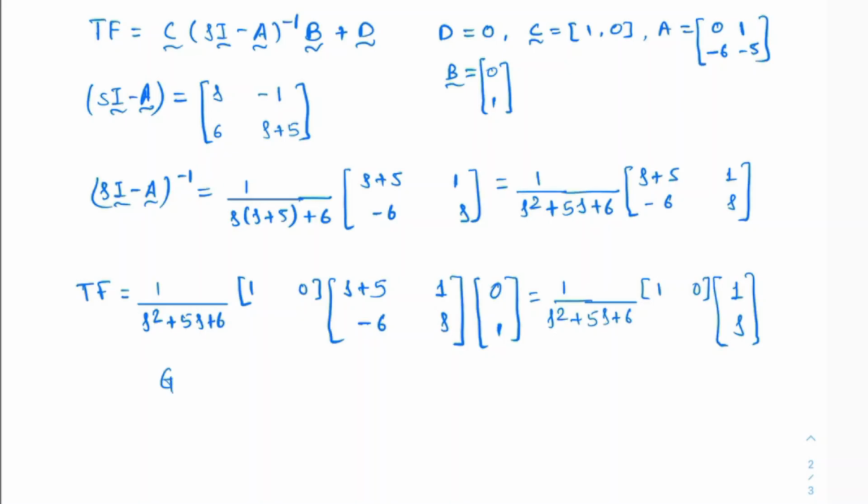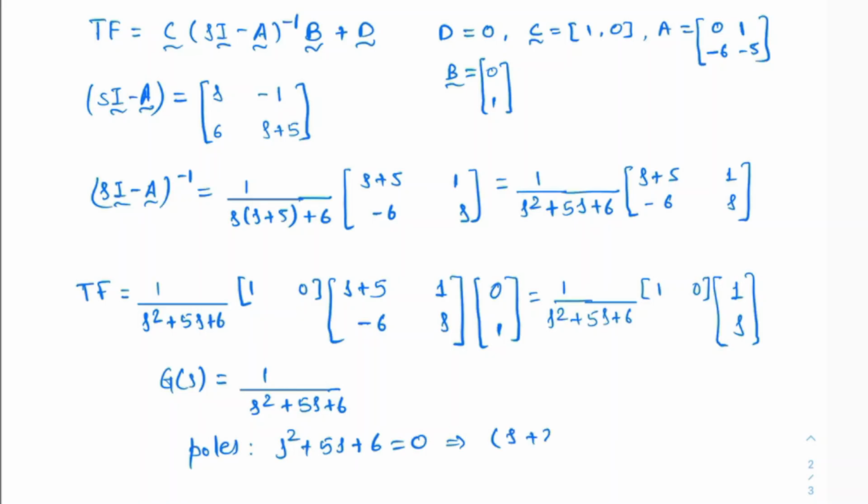So our transfer function G(s) comes out to be 1 over s square plus 5s plus 6. Now let's write the poles of this. s square plus 5s plus 6 equals 0, that means (s plus 2)(s plus 3) equals 0. This implies the poles are s equals minus 2 and s equals minus 3.